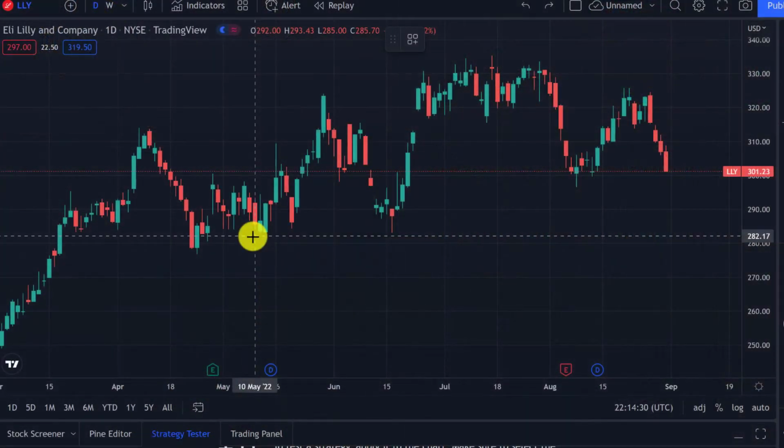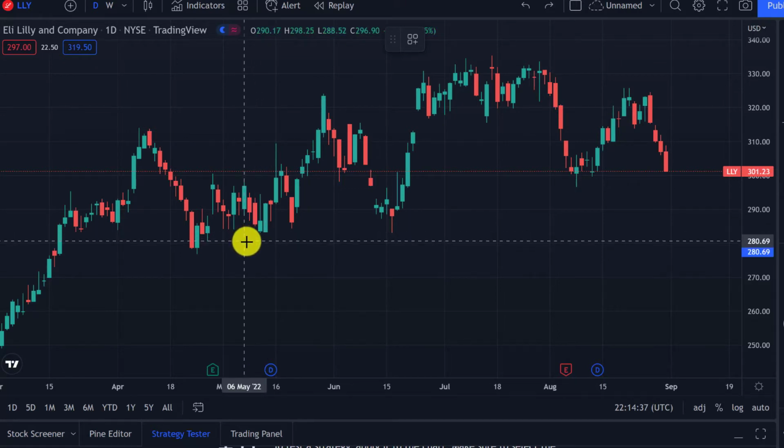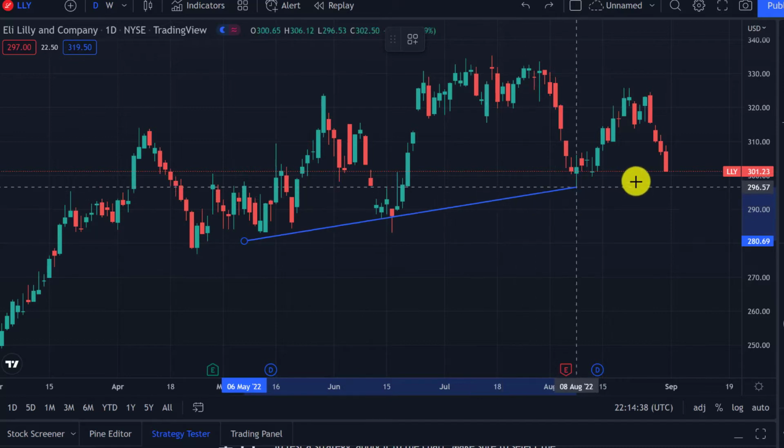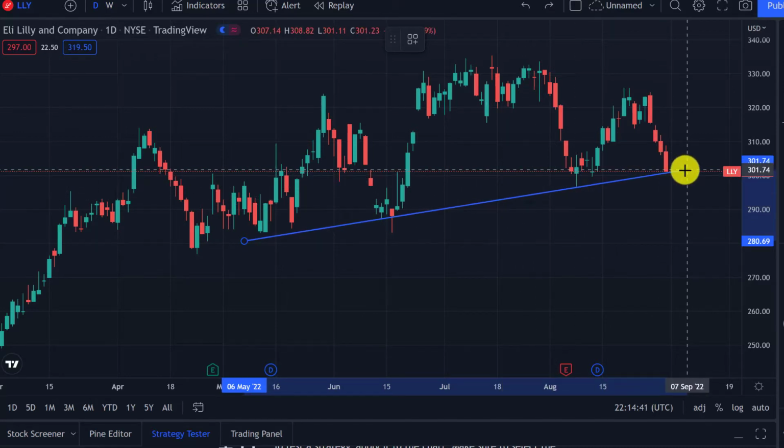But in either case, what we do is draw a line, and we'll draw it here. And you want to have points of confirmation. You don't want to just draw any line. You want to say, every time this happened, or at least most of the time this happened, the stock went up. So here's how that works. In most cases, you're looking for a line of confirmation, a line of support that has at least 3 points to it.